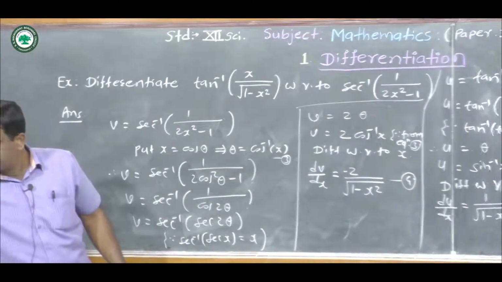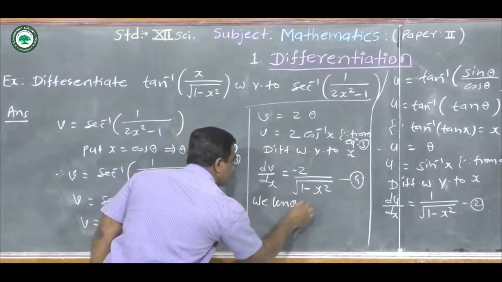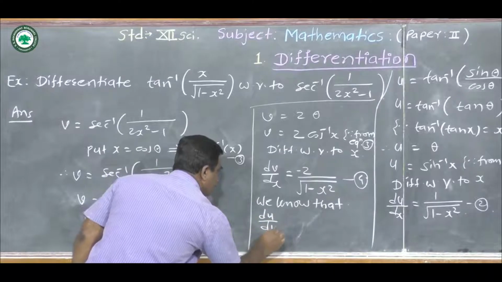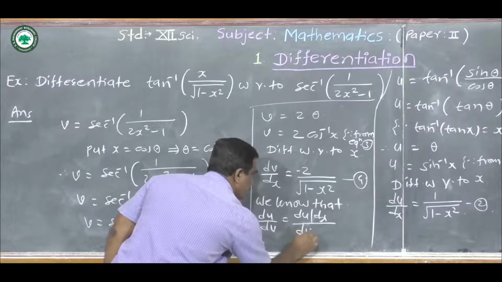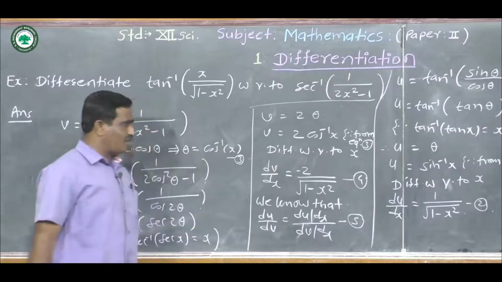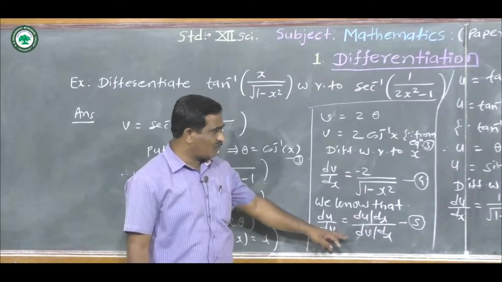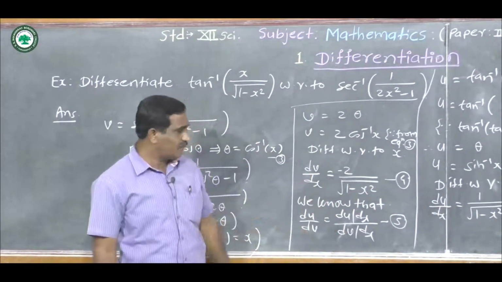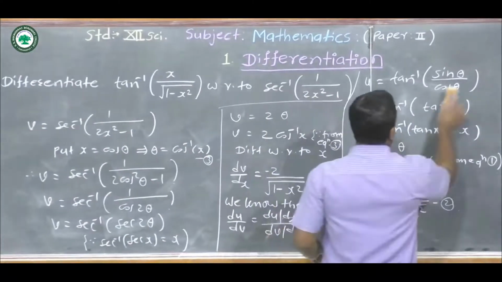Now we know that du upon dv is equal to du by dx upon dv by dx. Say this is equation number 5. Now put the values of du by dx and dv by dx from equations 2 and 4 in equation 5.